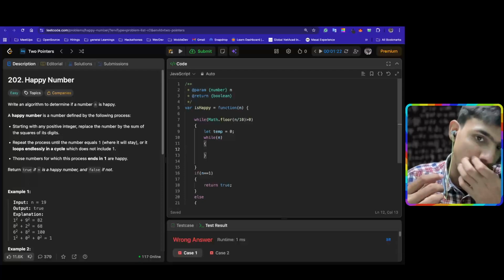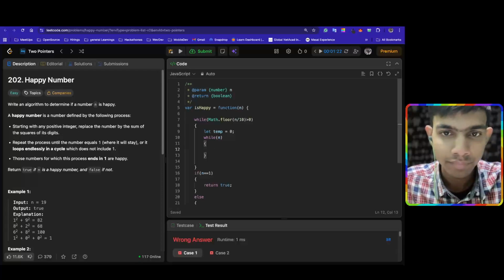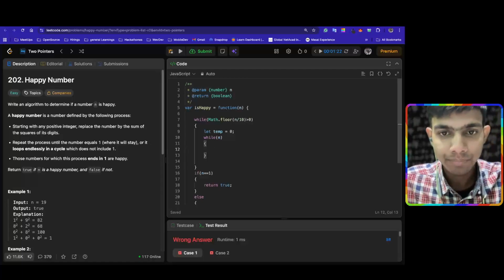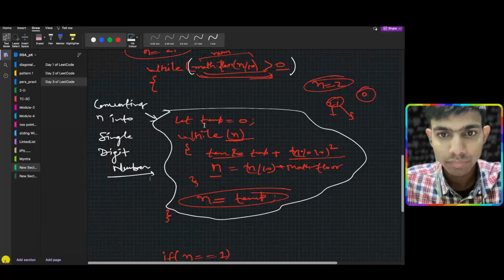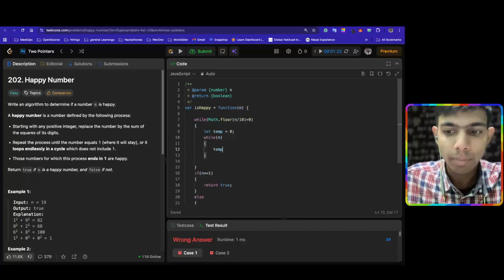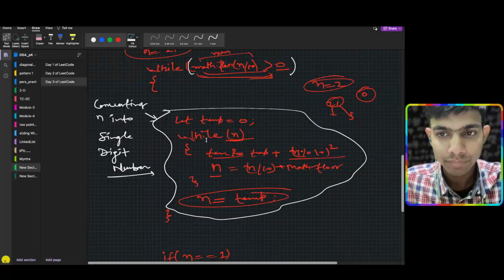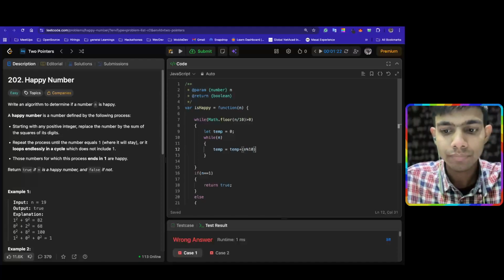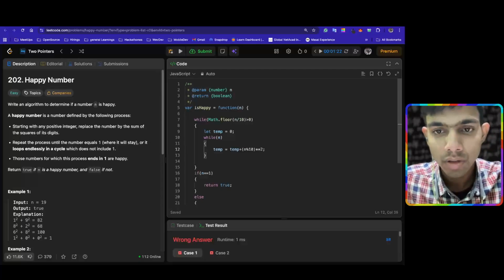Let's say we have 19 in it. 19 will come. Firstly, temp is equal to temp plus n modulo 10 squared, that is the last digit, square of the last digit.